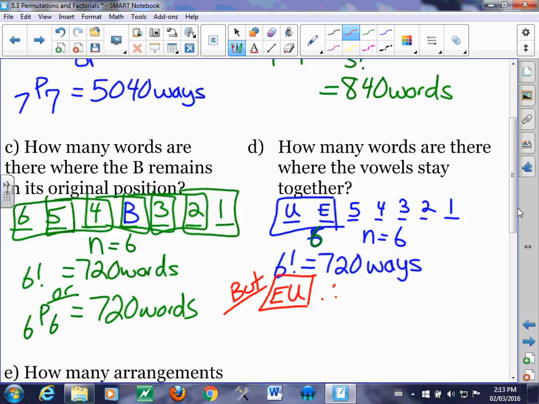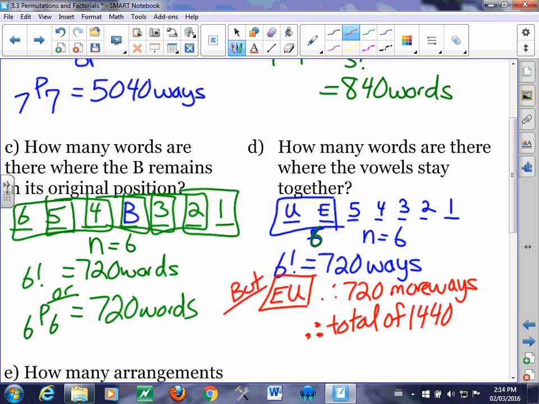So therefore, there's 720 more ways. So that makes, therefore, a total of 1,440 ways. Everybody okay with that?